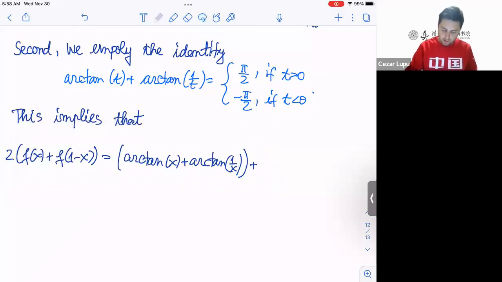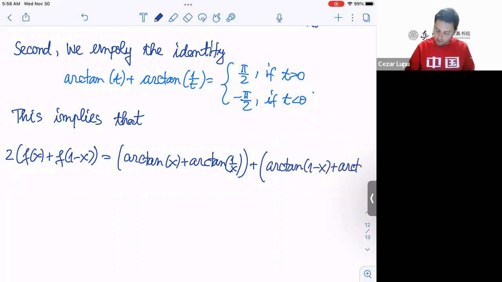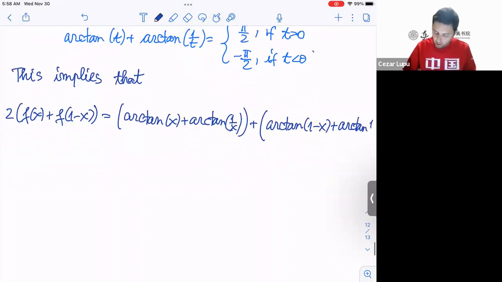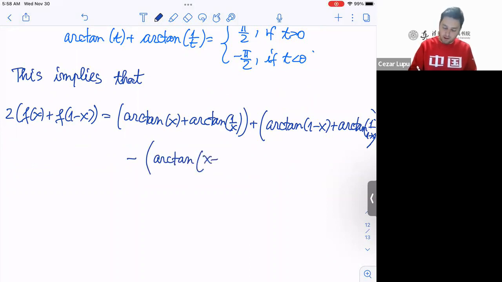Plus arctan of 1 minus x plus arctan of 1 over 1 minus x, because I have it here. And now I subtract arctan of x minus 1 over x plus arctan of x over x minus 1.